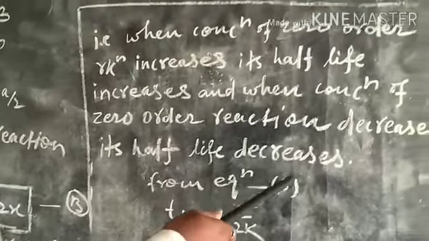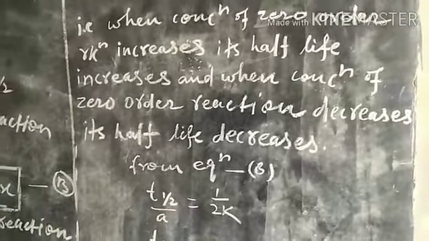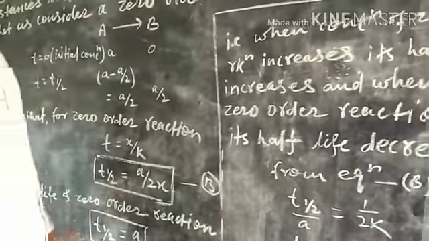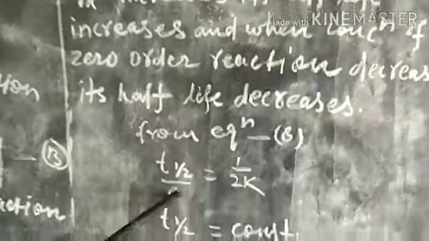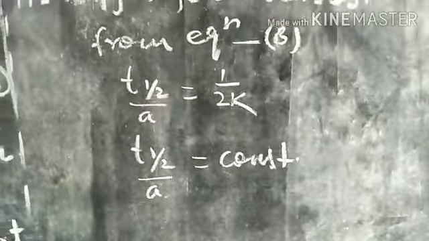So from this equation, t half by a equals 1 by 2k.